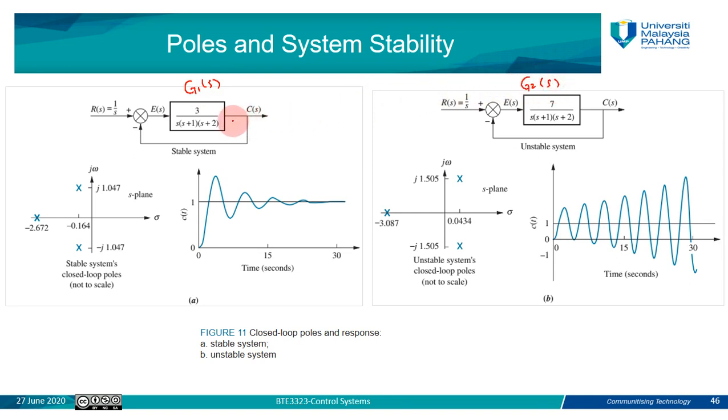So we have two open loop transfer functions, and the two systems have a feedback. The value of H(s) in this case equals 1 multiplied by negative, so it will be -1.